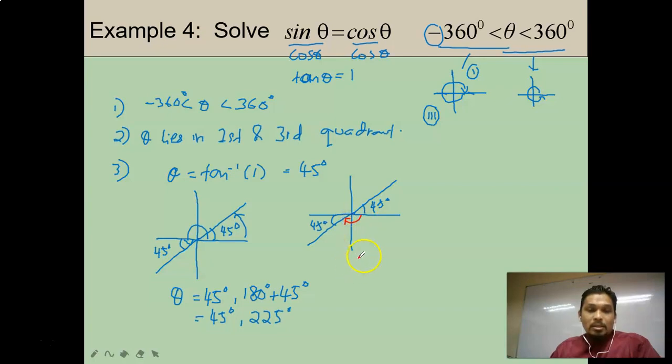This is theta of 180 minus 45, and also 180 minus 45, here and another one here. Okay, so how are we going to find this?